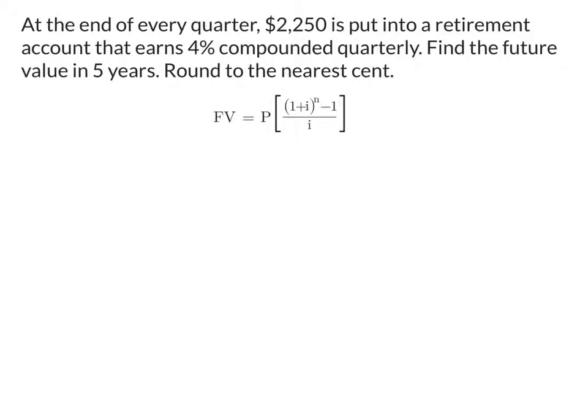I is going to be the interest rate per year. And remember, we find that by taking the interest rate, which is 0.04, divided by the number of compounding periods in a year. Since this is compounded quarterly, we're going to divide by 4. So 0.04 divided by 4 gives us 0.01.